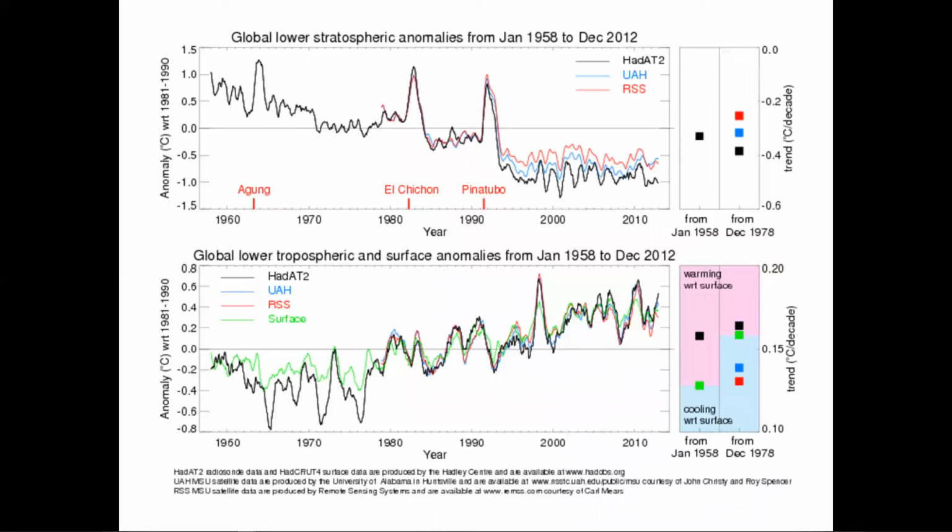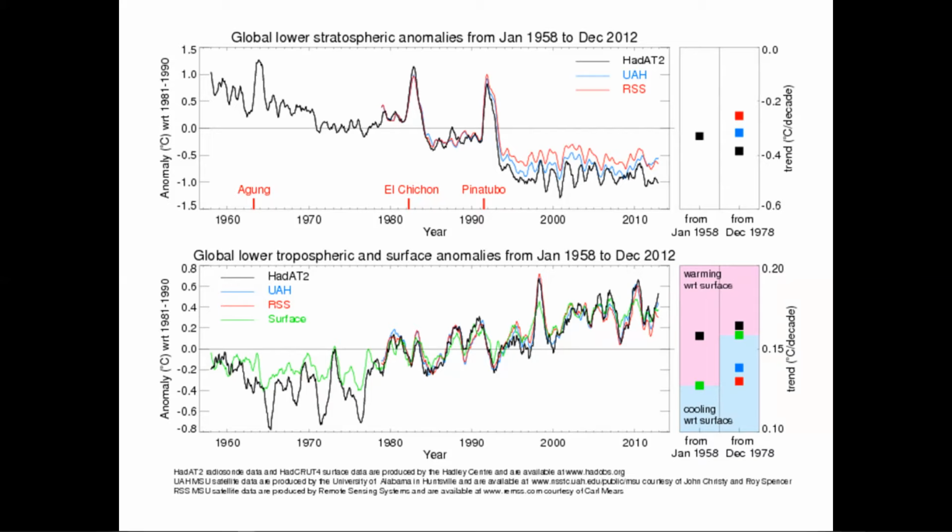The trend in the lower atmosphere has been well established. For example, this plot shows the temperature anomaly between 1958 to 2012 in the stratosphere, which is the top plot, and the temperature trends in the troposphere and surface. The two trends behave differently because the stratosphere's trend is mostly decided by the ozone, and we know that the ozone has been decreasing over most of the half century.